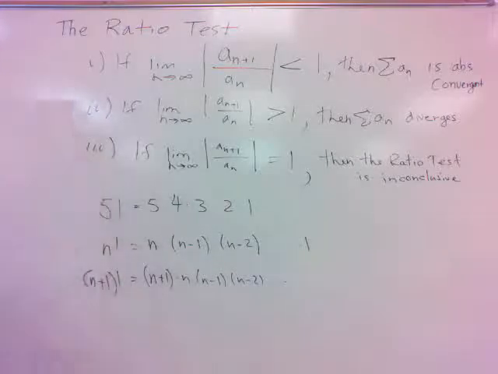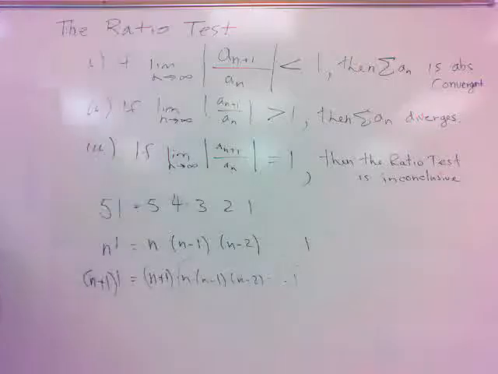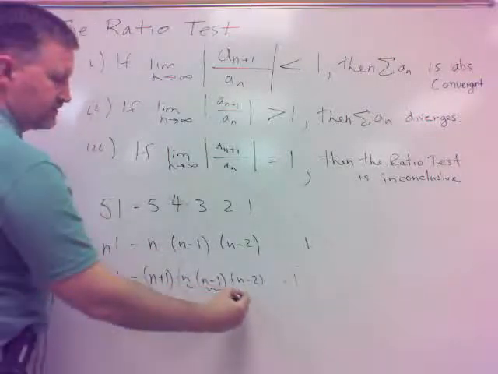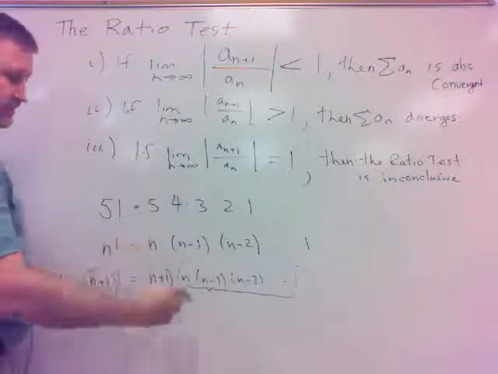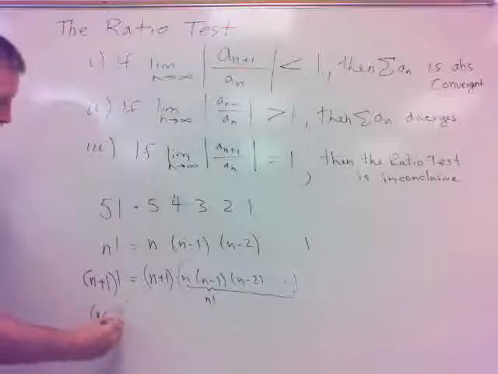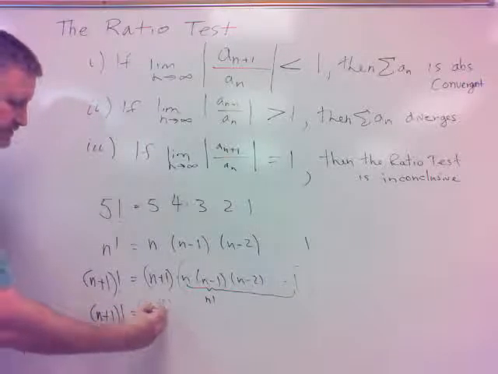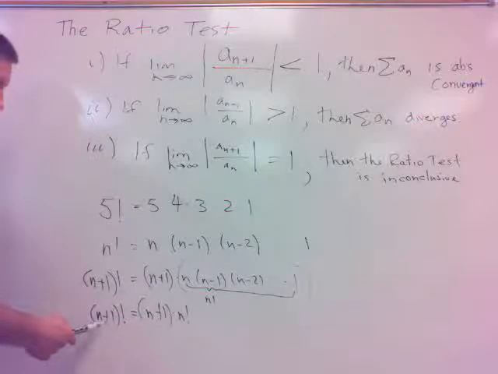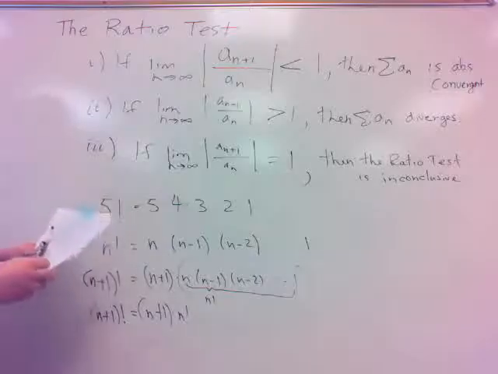But the real key is to notice what this is right here: n, n minus 1, all the way to 1. Isn't that n factorial? That is n factorial. So the way we'll use this a lot is we're going to say n plus 1 factorial is n plus 1 times n factorial, because that's really what n plus 1 does: it adds one term to the n factorial. All right.